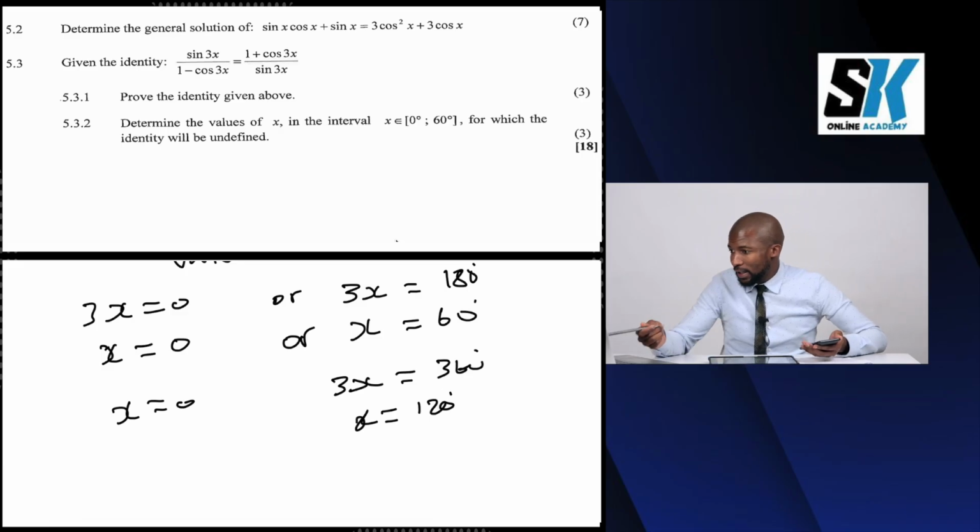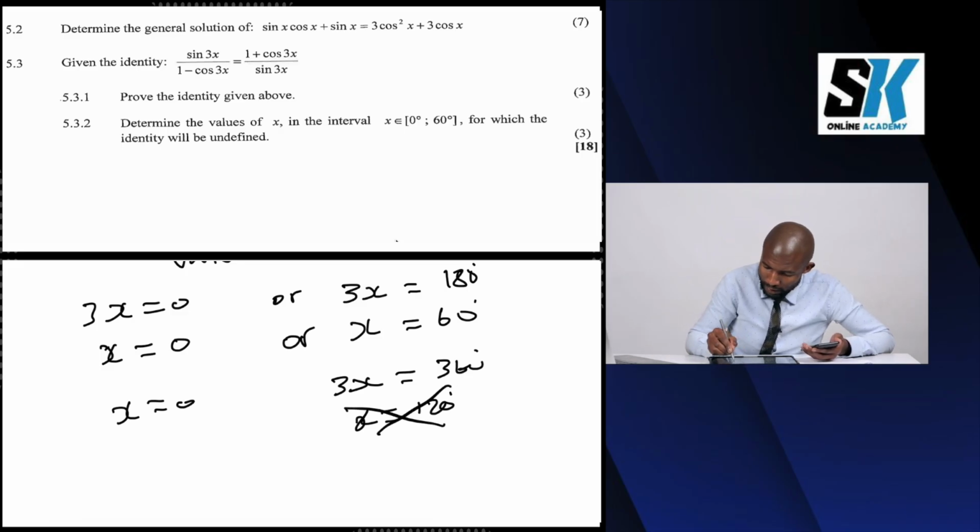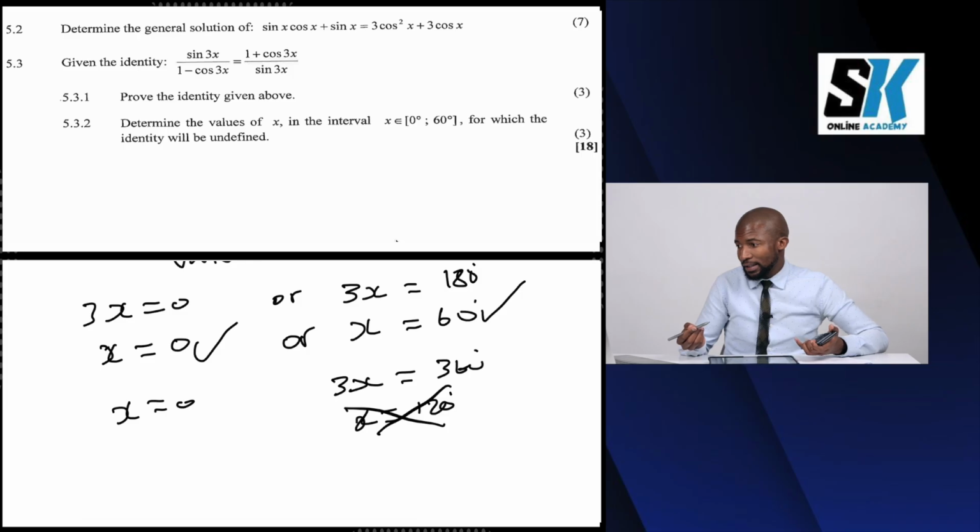But they said in the interval between 0 and 60, so we won't use that. So the only ones that we're going to use are 0 and 60. So that is the end of question 5 on trigonometry.